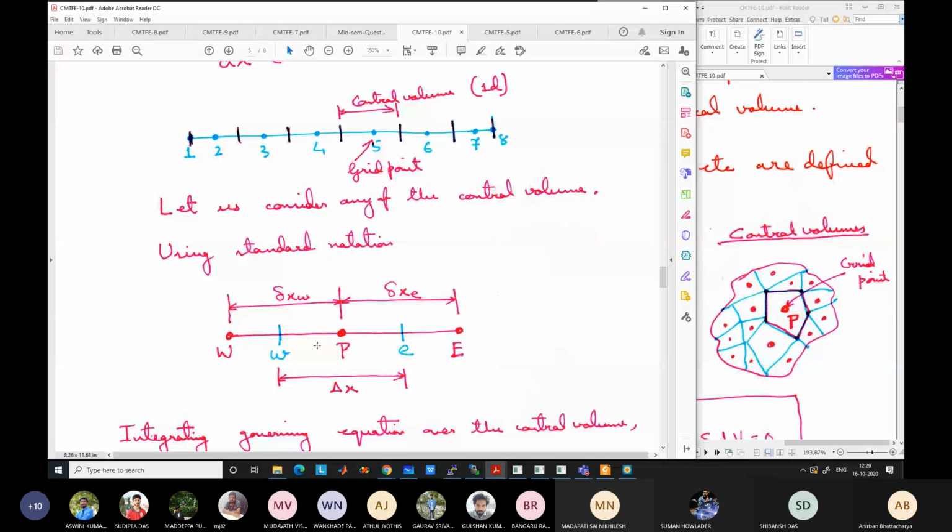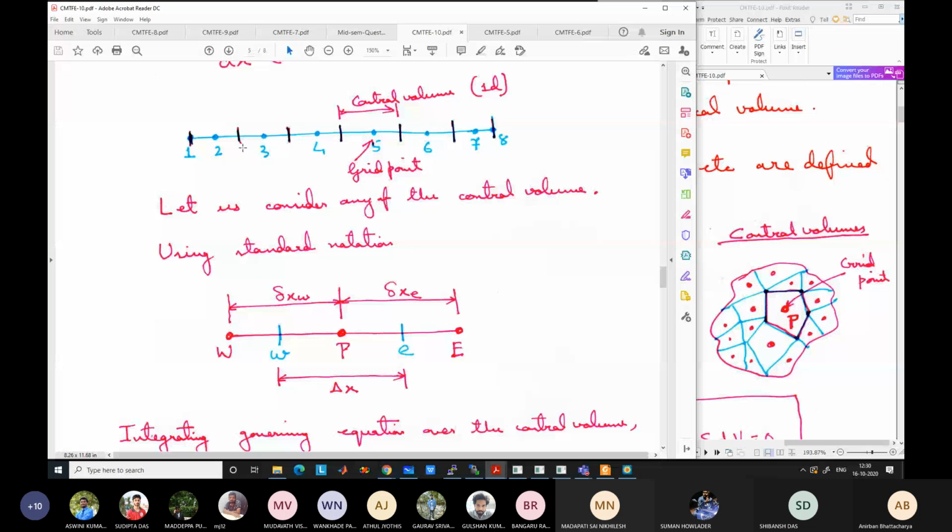The distances between these grid points are represented by delta xw and delta xe. Remember that although we are showing here an equal division of the control volume, finite volume formulation can be done in a very generalized way. Each control volume can have different lengths depending on our problem. If we need to calculate the flux near a boundary, I will have very fine grid points, like an aerofoil structure. Near the aerofoil surface you need very fine grid points.